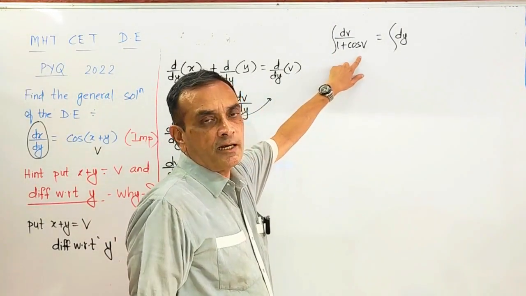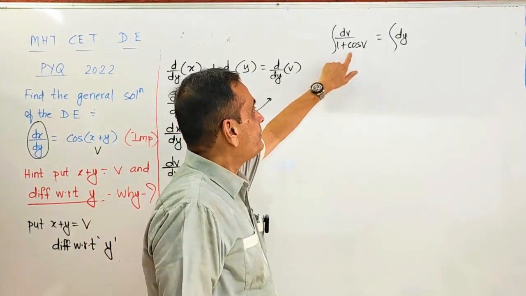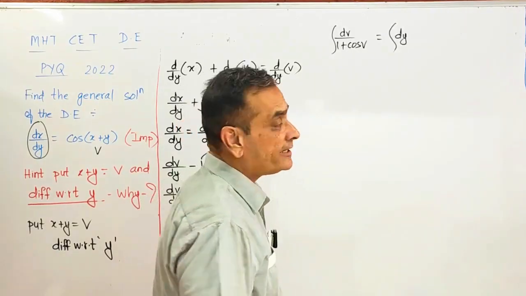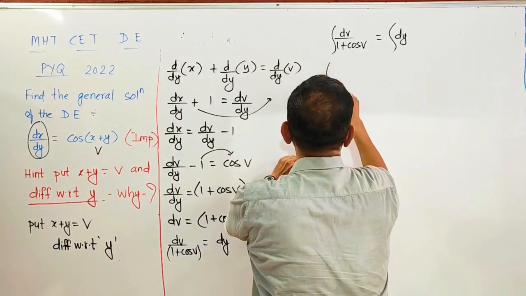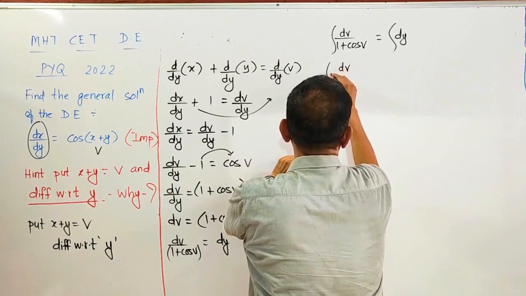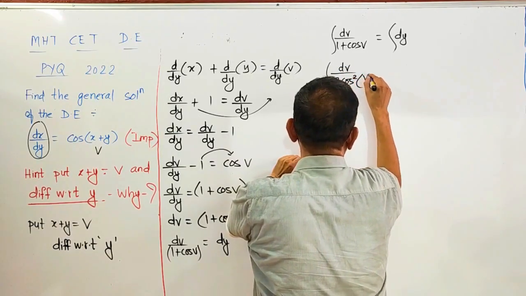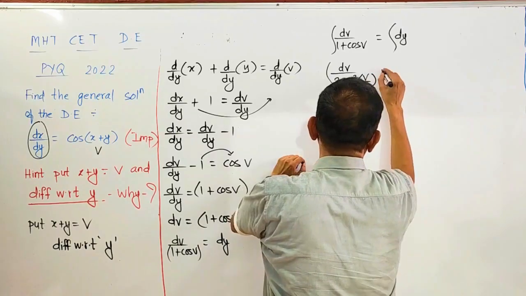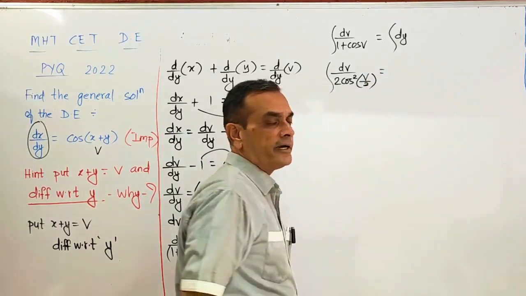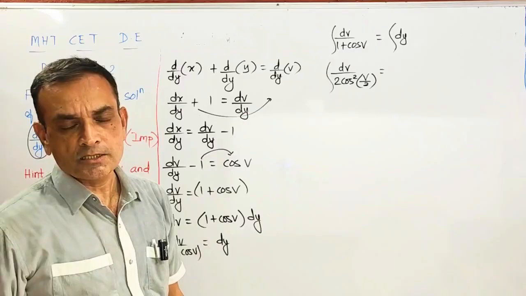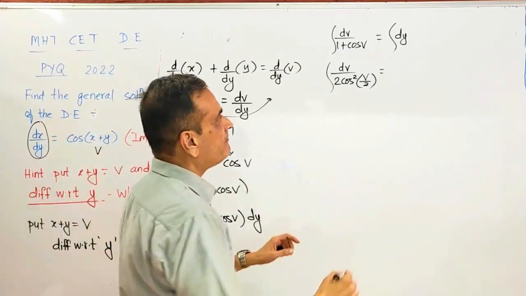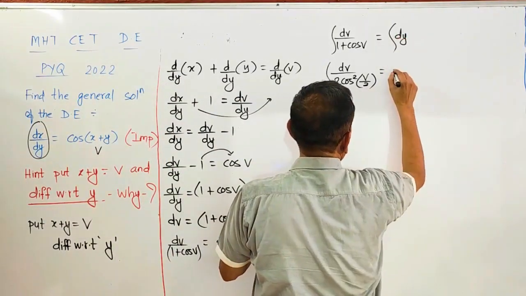1 plus cos theta, 11th standard formula. 1 plus cos theta is 2 cos square theta by 2. What is the integral of dx? x. The integral of dy, of 1 dy, is y.